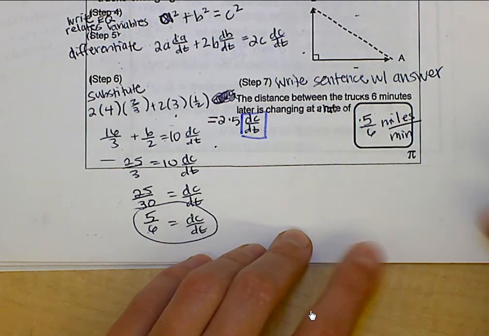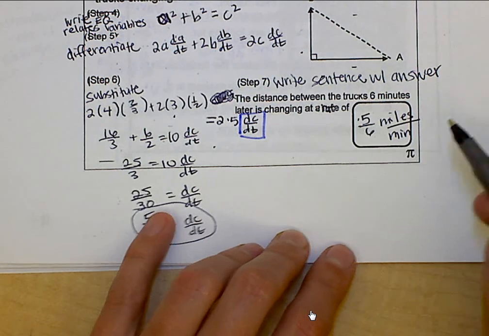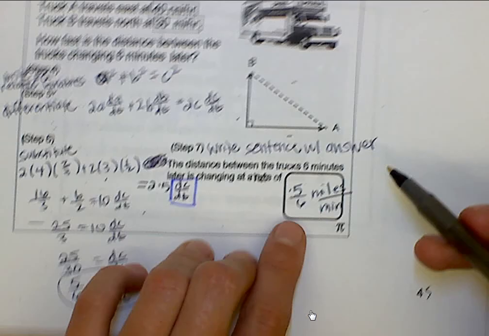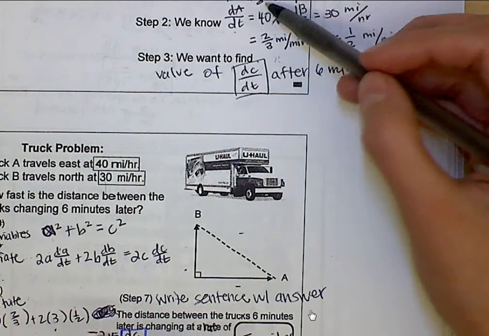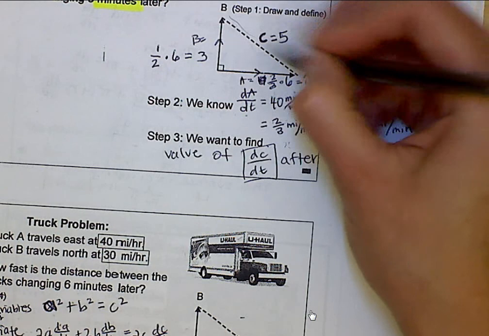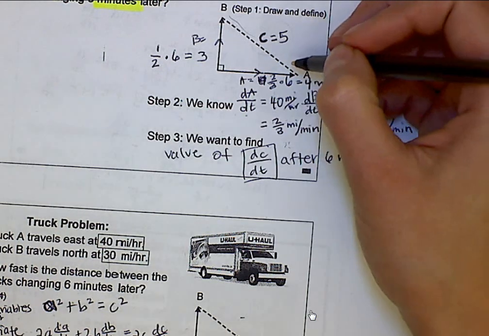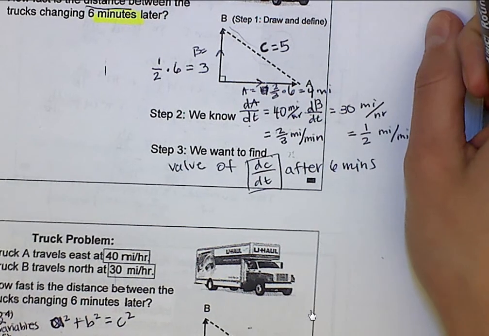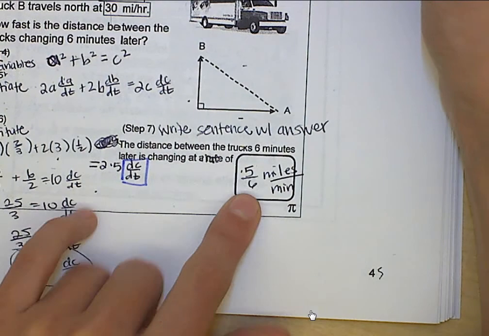Which totally makes sense. If you look back at your picture, it went 5 miles, that's the distance after 6 minutes. So conceptually, this makes a lot of sense.